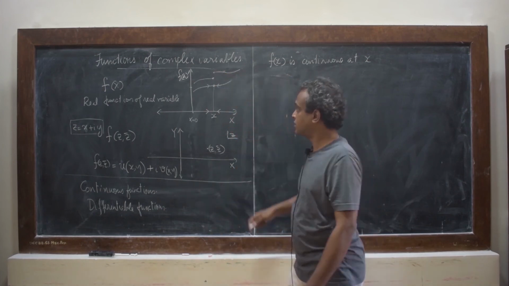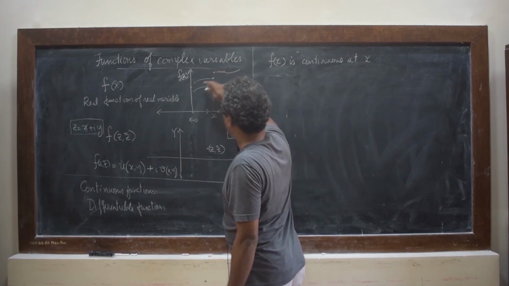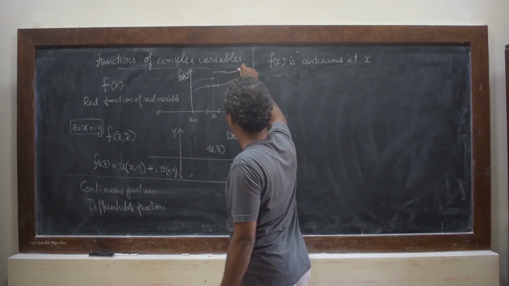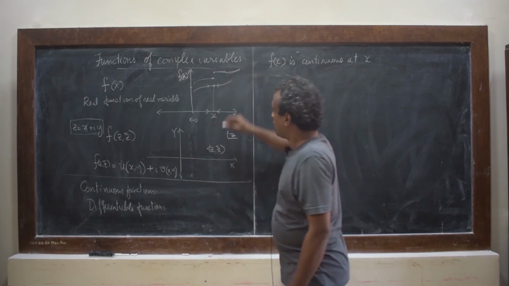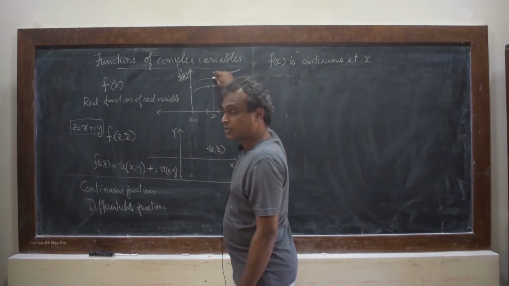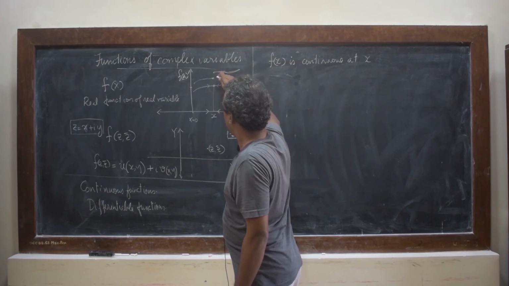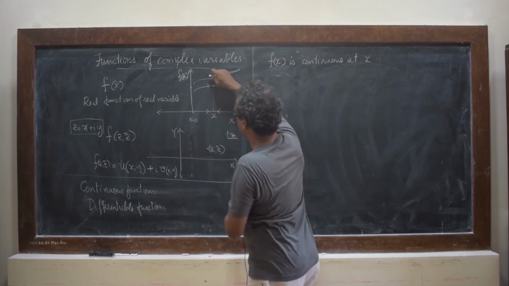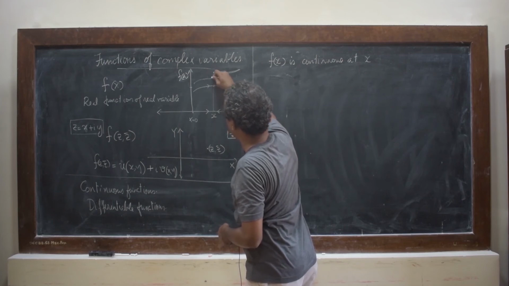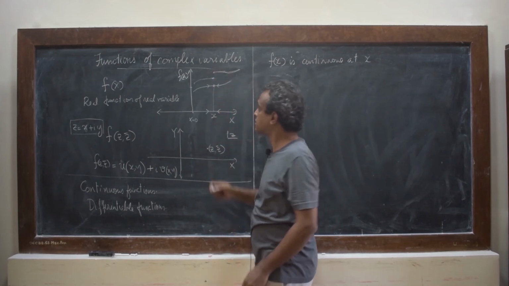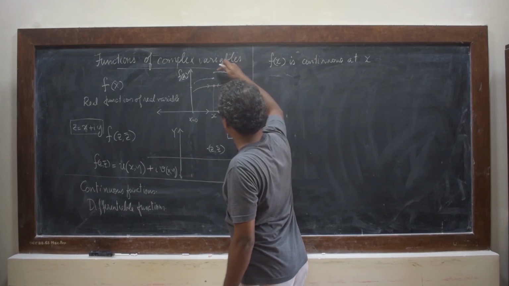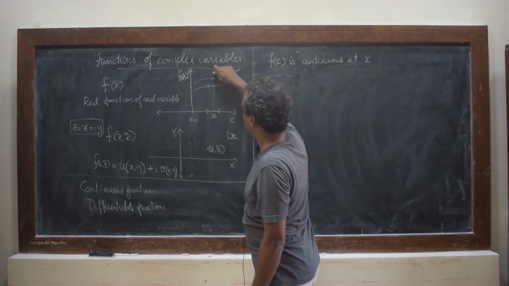As we would notice, a function represented by such a curve has one value as you approach the point x from the negative side of the x axis, while approaching the same point from the positive side of the x axis, we get another value.